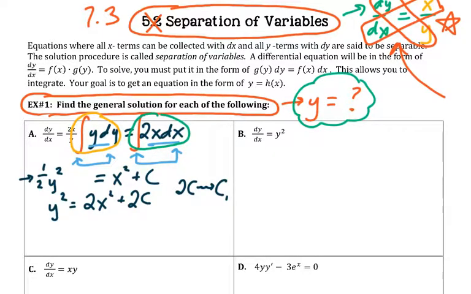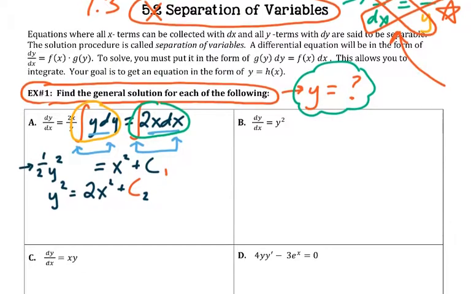Maybe like a c1? So I can plug that back in and just say, okay, this is 2x squared plus a new c. That would be fine. Or I can call this c1 from the beginning and call this c2. I will honestly say the only hard thing about these kinds of equations is just keeping track of your c's.